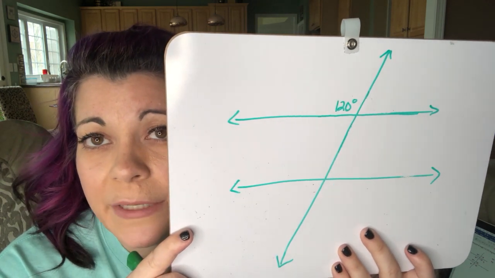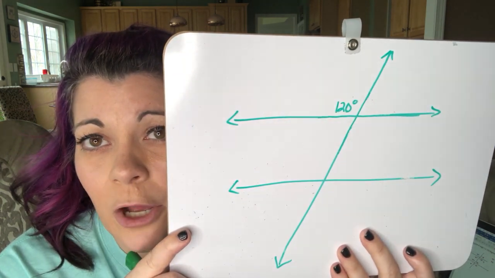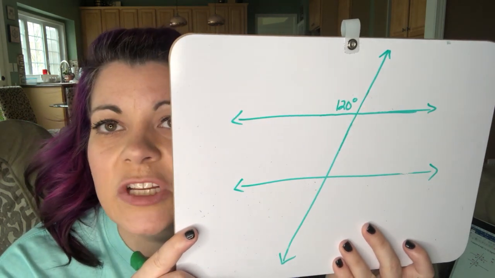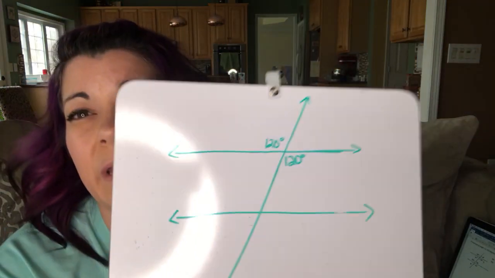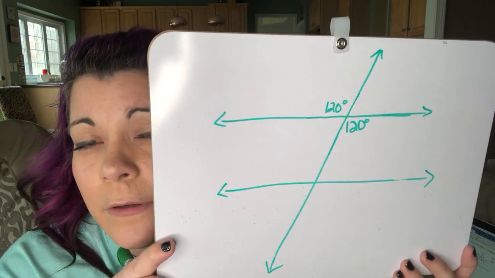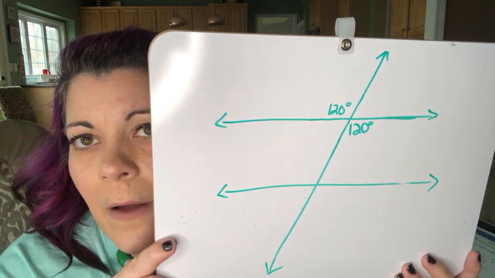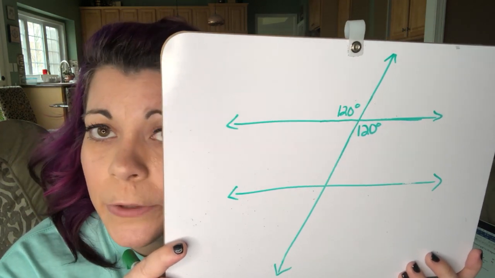Okay, so I'm going to start with saying, vertical angles straight across from each other, they are congruent. So that angle straight across from it is 120 degrees because they're vertical angles. Now I can say, alternate interior, they're congruent.